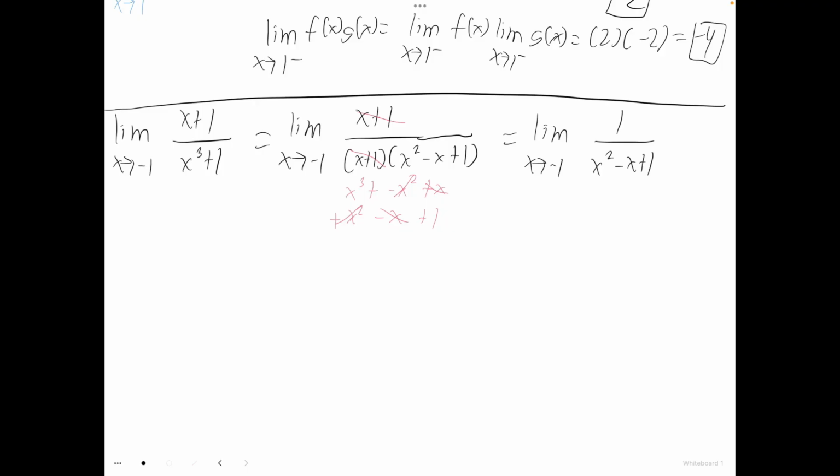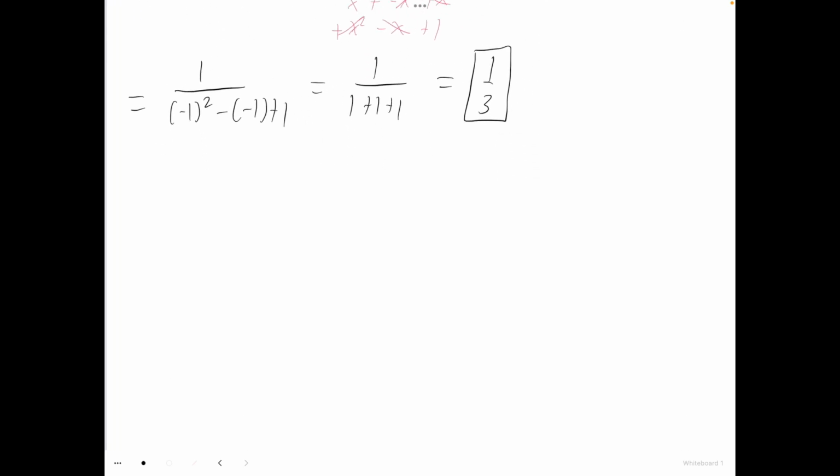And now if we plug in negative 1, we don't have any issues of dividing by 0, so we'll have 1 over negative 1 squared minus negative 1 plus 1, which is 1 over 1 plus 1 plus 1, which is 1/3. And so we see in this limit, we got a value of 1/3 using our limit properties.